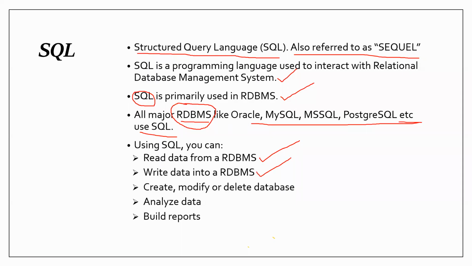Next, write data into the database. So what is a database? A database is used to store the data for future reference. Write, in the sense, whatever you are storing or creating, that is writing data into the database. Next, create, modify, and delete the data from the database.